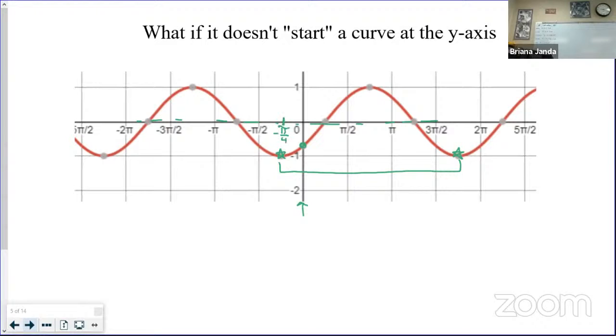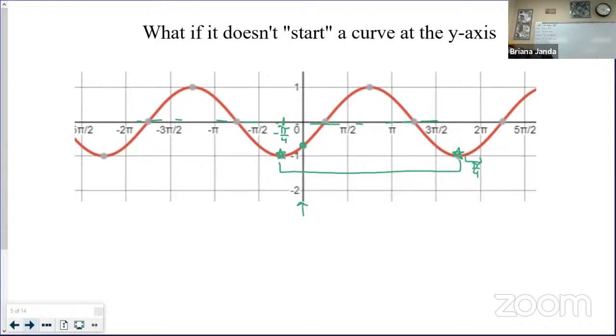I am pi over 4 to the left of starting at my y-axis. And look at where I finished. Between those is 1 pi, and this distance right here is also pi, over half of those, and pi over 4 away from getting to 2 pi. So it basically took my graph and shifted it pi over 4 to the left. The period on this is still 2 pi.